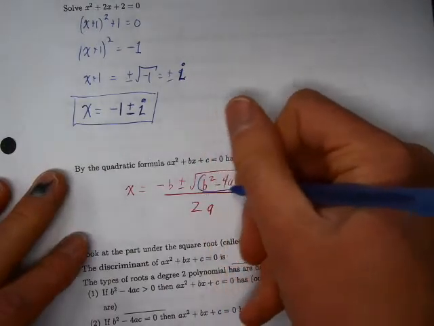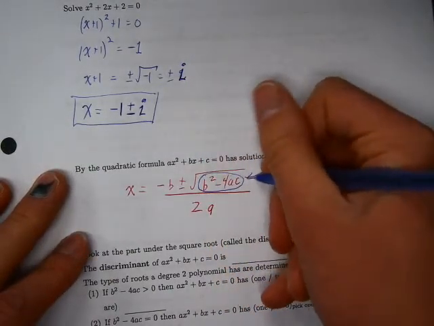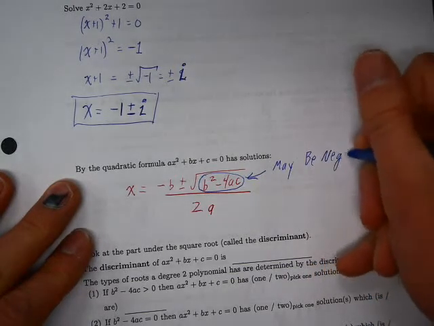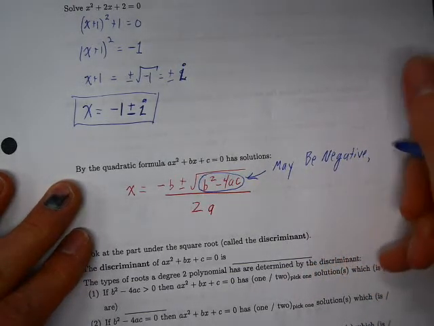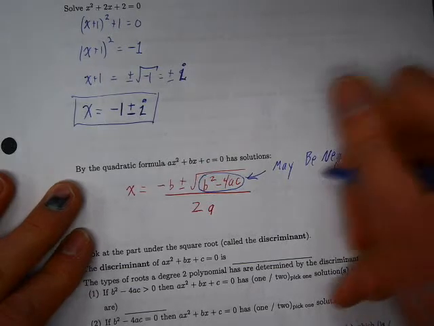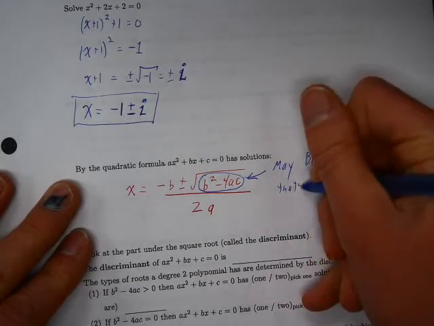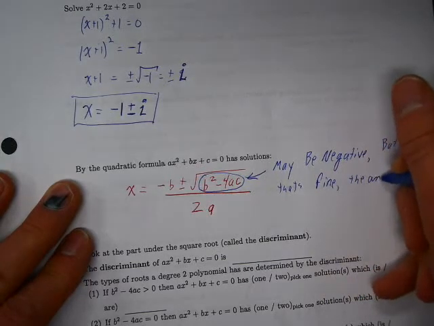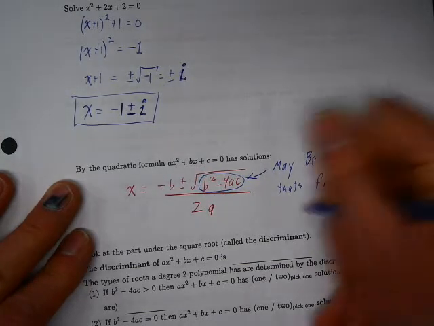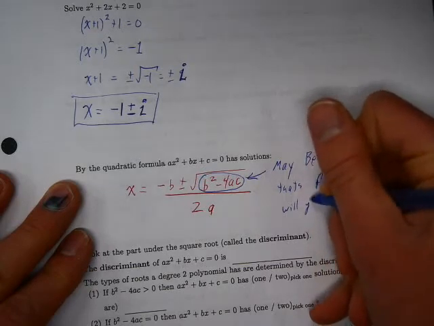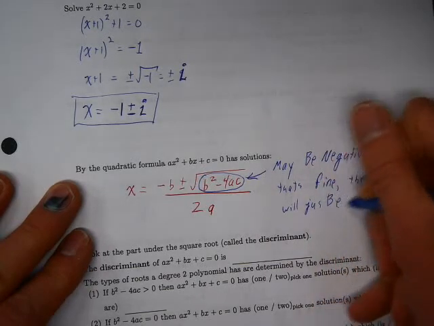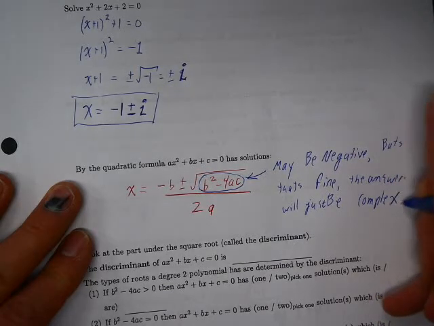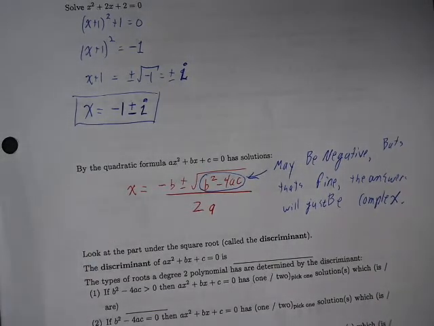And this thing inside of the square root may be negative, but that's fine now. The answers will just be complex. That makes sense?